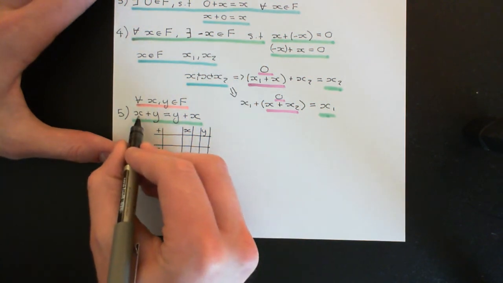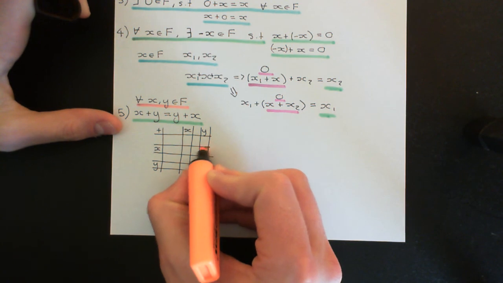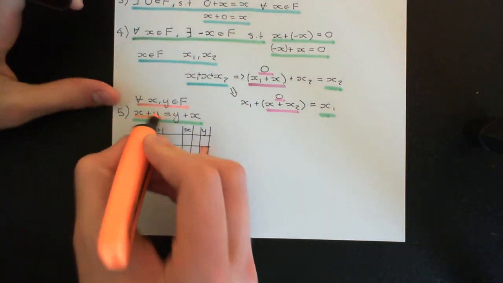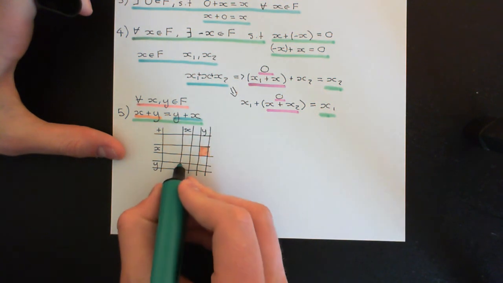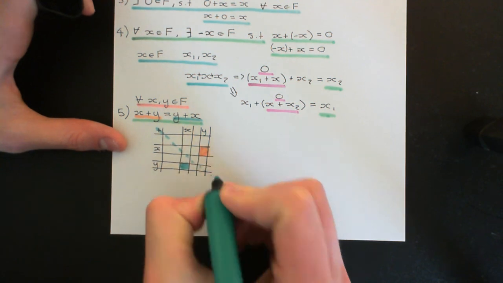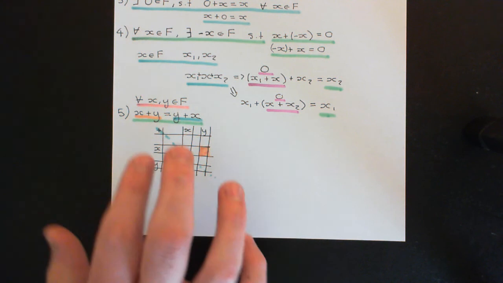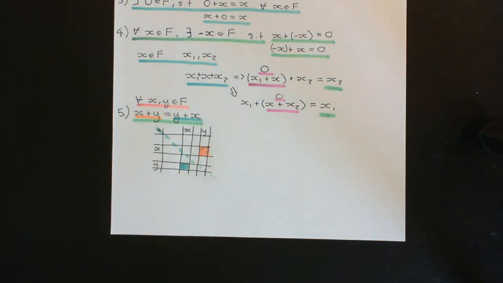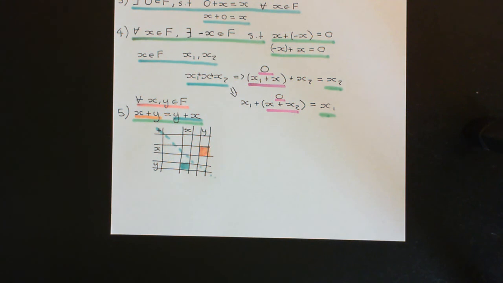If I take x plus y, that is this answer over here. Whereas y plus x is obviously a different entry in the composition table. It's over here. Those are each other's mirror image down this diagonal line, and we're saying that those two have to be the same as each other for whatever little x you choose and whatever little y you choose, and that's the statement that the entire addition composition table is symmetric down the diagonal line.